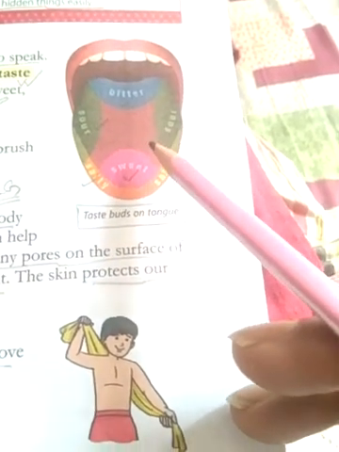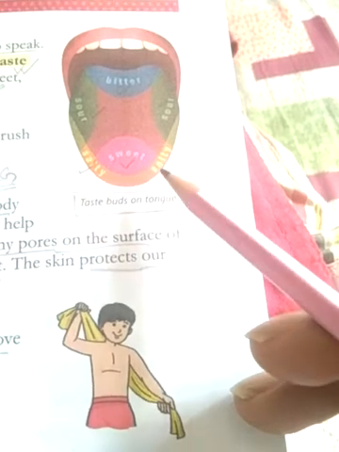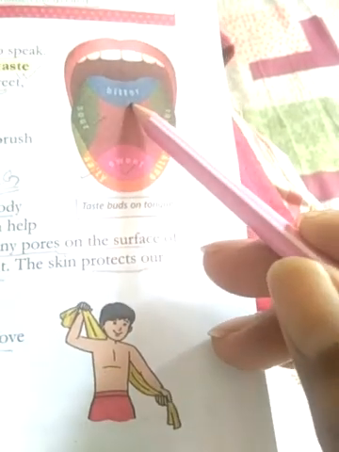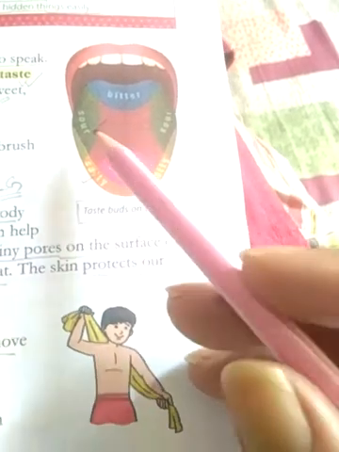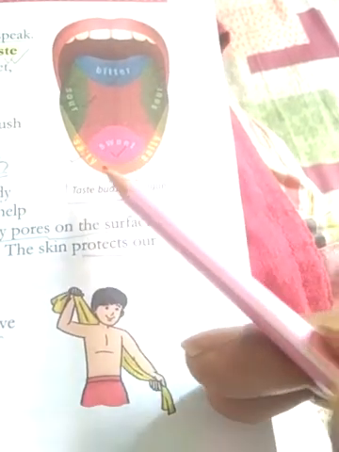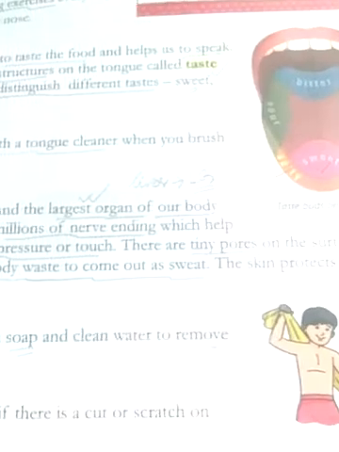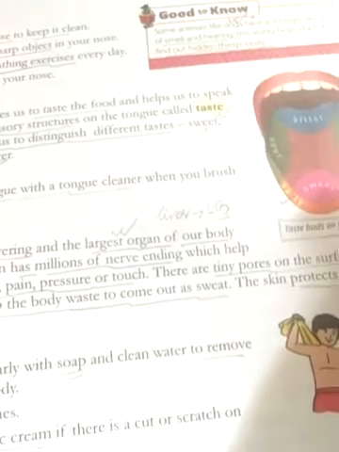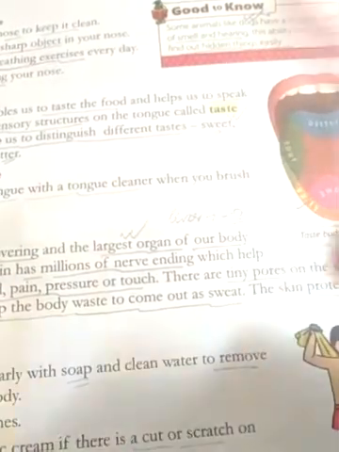The 4 different types of taste buds present on the tongue are: number 1, sweet taste buds; bitter taste buds; sour taste buds; and the last one is the salty taste buds. It is another sense organ, and mainly helps us to taste the food, and it also helps us to speak.